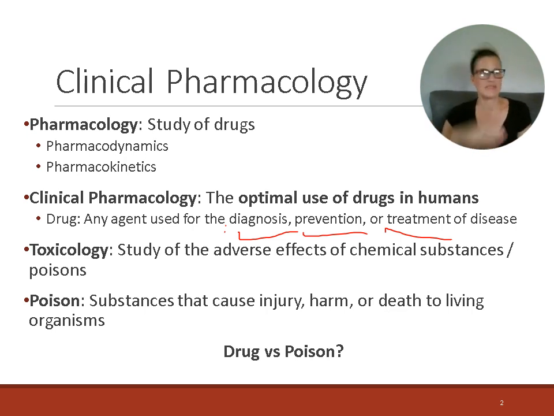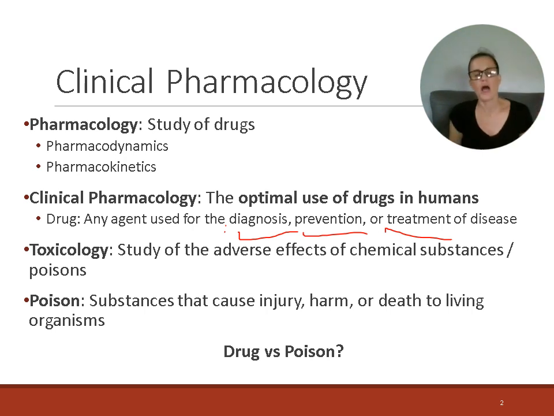So it's very important that you can prescribe correctly. Improper prescribing affects hundreds of thousands of patients every year. You are going to be the one who's writing the prescription, right? You are going to be the one who is responsible for either creating a good outcome in your patient or a poor outcome in your patient.